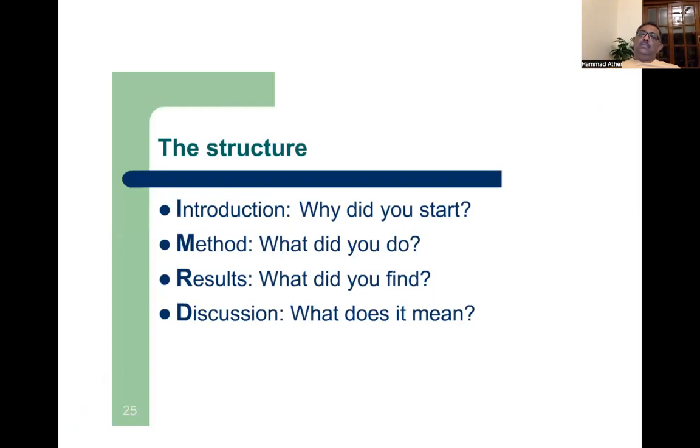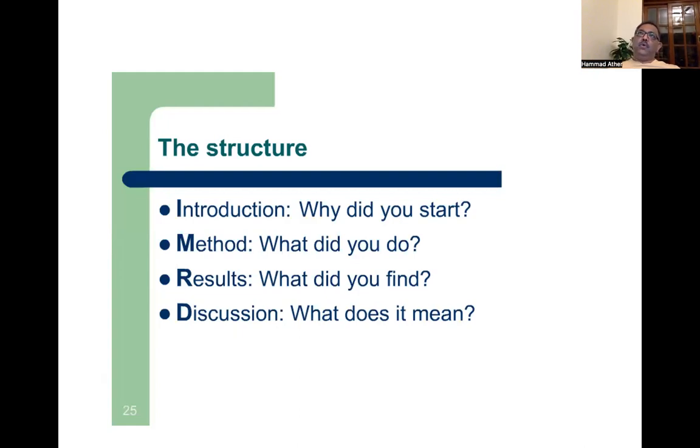So although a published paper appears in the IMRD format, which is introduction, methods, results, and discussion, this is not the way you write your paper, and I'll tell you why. So introduction is not introduction to the topic.